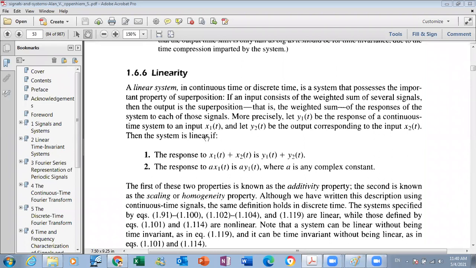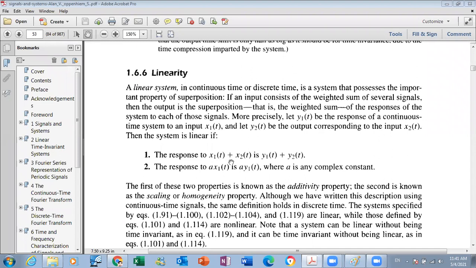So if two conditions are satisfied, then we say that system is linear. First condition is called additivity and second condition is called homogeneity. This is additivity.